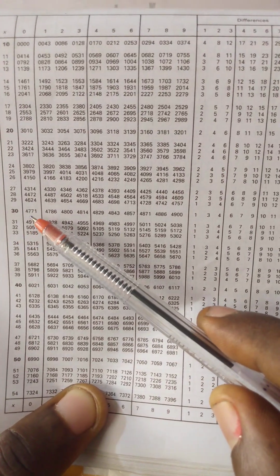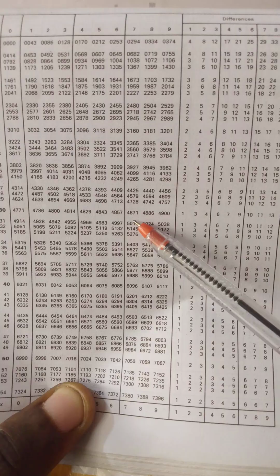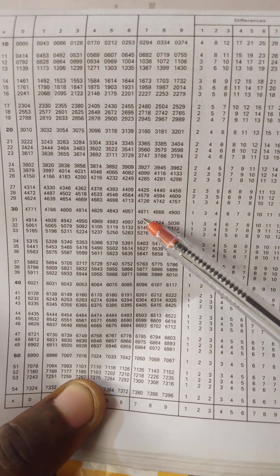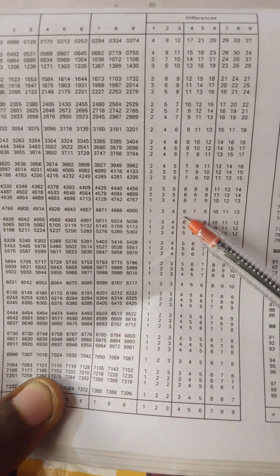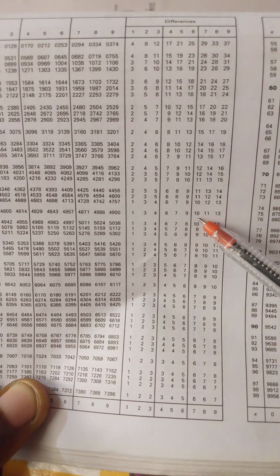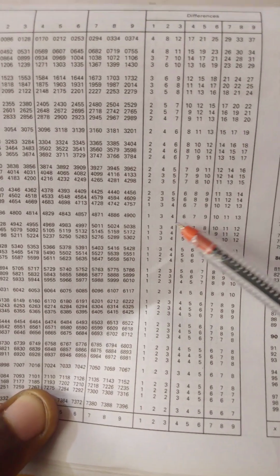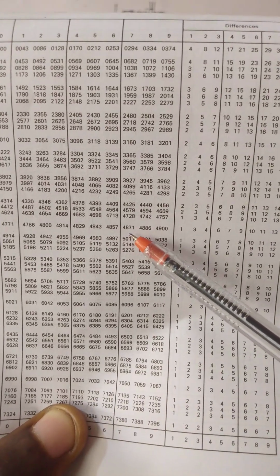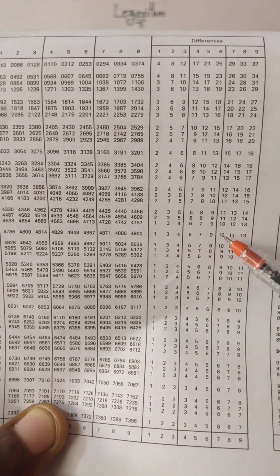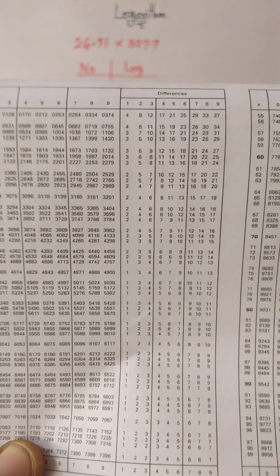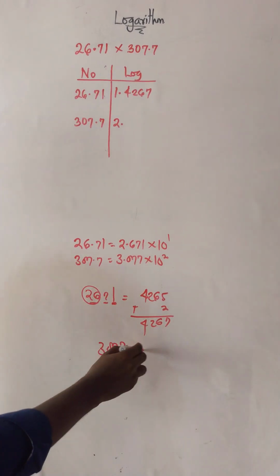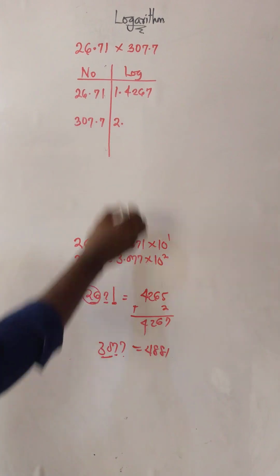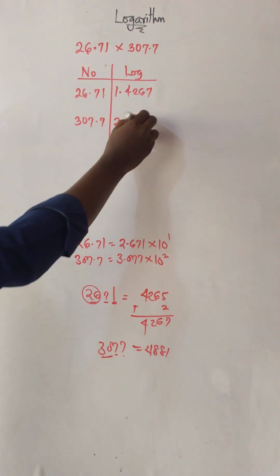So 30 under 7 is 4871, and difference 7 is 10. So we do 4871 plus 10, which gives us 4881. And that's what we write here, 4881.